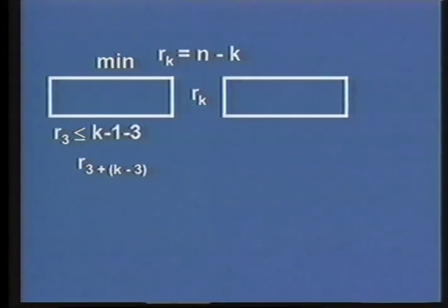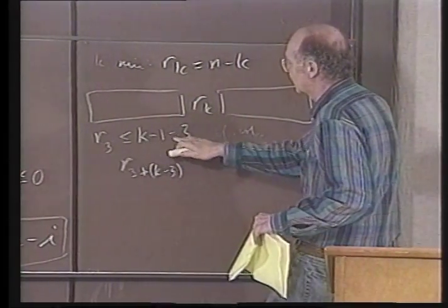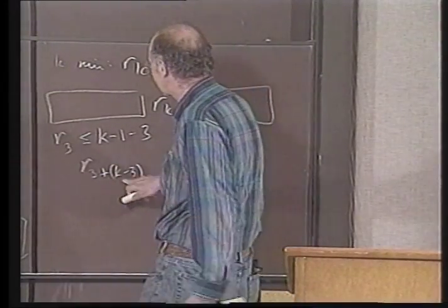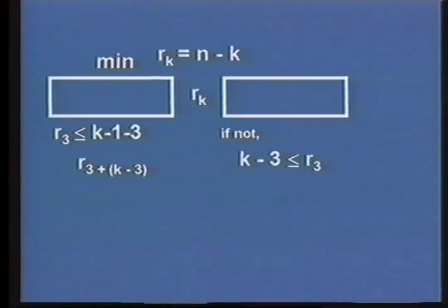Okay, so R3 plus k minus 3. If not, then it would be k minus 3 or more. So then I could talk about R of 3 plus k minus 3, and I could call this J, this would be I. So k minus 3 is less than or equal to R3, and then I apply I equals k minus 3.